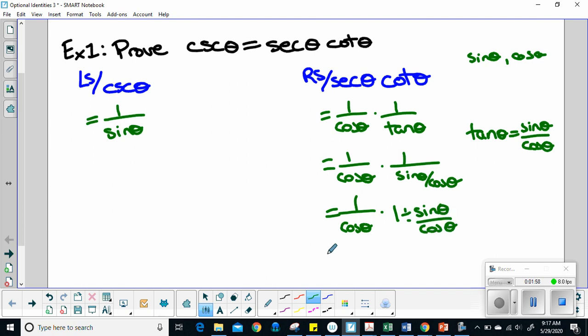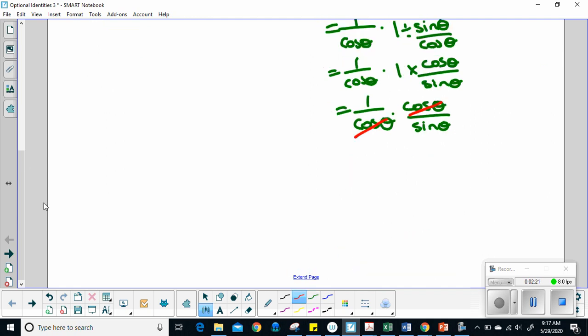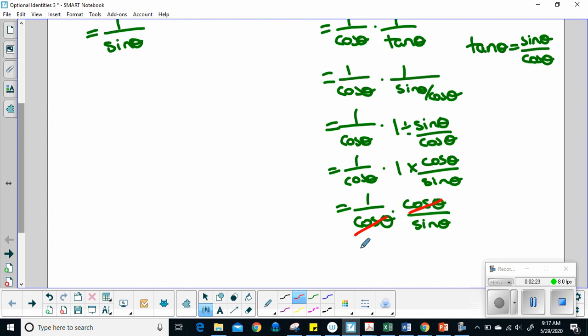And remember, when we're dividing by a fraction, that means we have to multiply by the reciprocal. So flip it over. And now that I've got that, I don't really need that 1 in the middle. What do we see? Oh, I've got a cos in the numerator and a cos in the denominator, so let's cancel those out. And abracadabra, what do we got? 1 over sine angle.